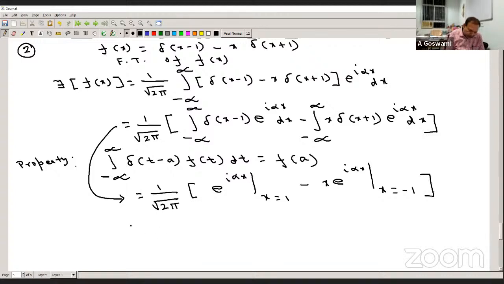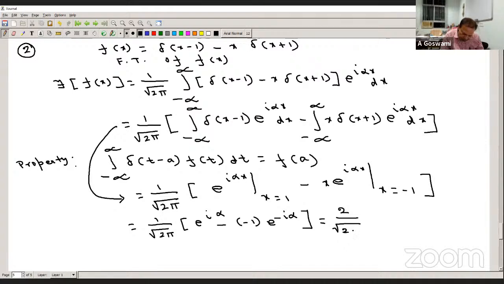So if you put it, this will become 1 by root 2 pi, e power i alpha minus 1 into e power minus i alpha. So effectively it becomes e power i alpha minus e power minus i alpha, and 1 by root 2 pi. So I can write this as 2 by root over 2 pi, into e to the power i alpha plus e to the power minus i alpha, divided by 2.